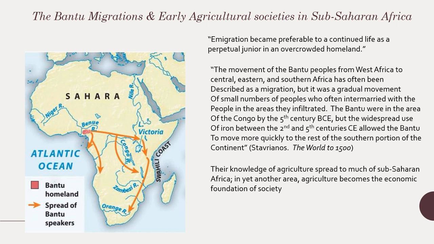The Bantu migrations, which you can see in the map on the left, started in West Africa, Cameroon, Nigeria, that area. From the arrows, you can see this group of people migrated and spread far and wide, and ended up marrying into different cultural and ethnic groups that they found in one region or another.